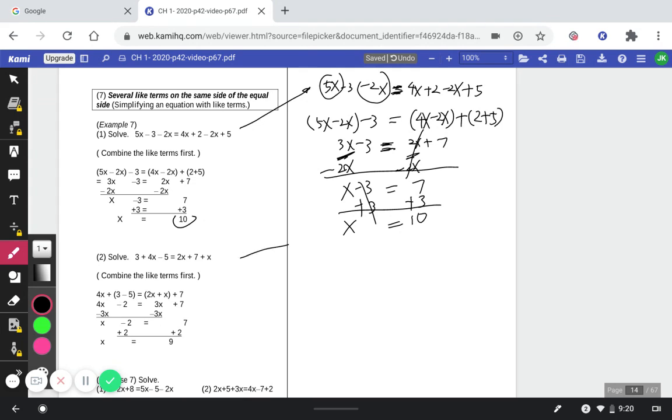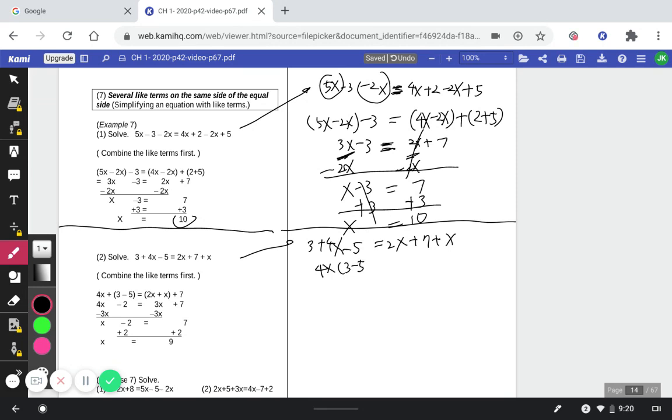So another example, let's say you have 3 plus 4x minus 5 equals 2x plus 7 plus x. So you combine the like terms. You got 4x with 3 minus 5, which is negative 2. And that's the left side of the equal sign. Now the right side becomes 2x plus x plus 7.